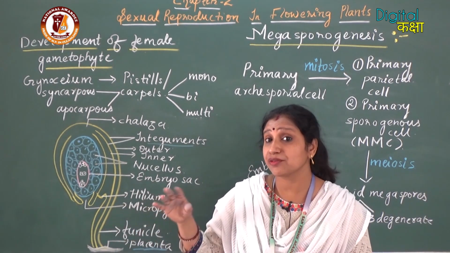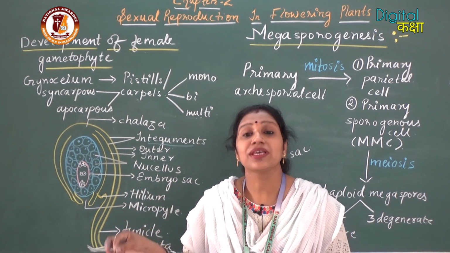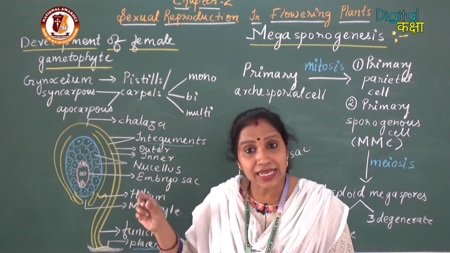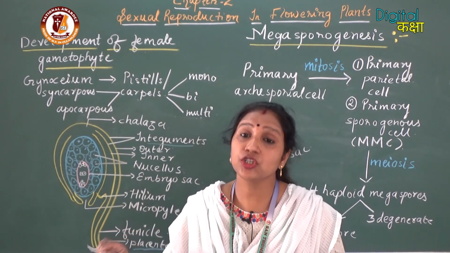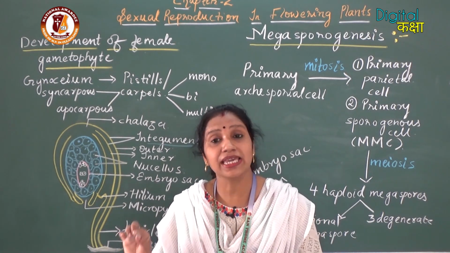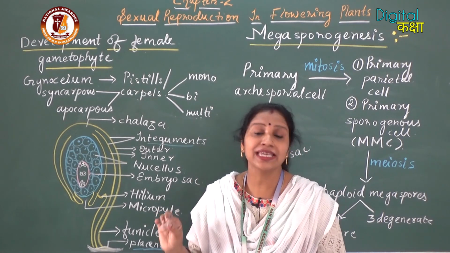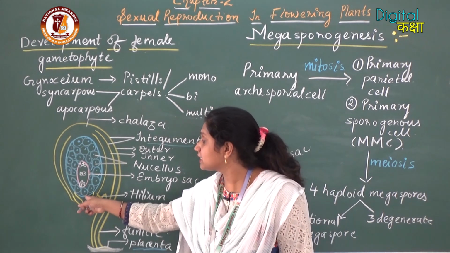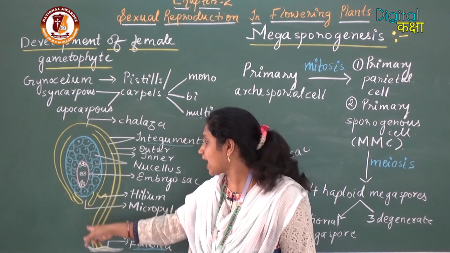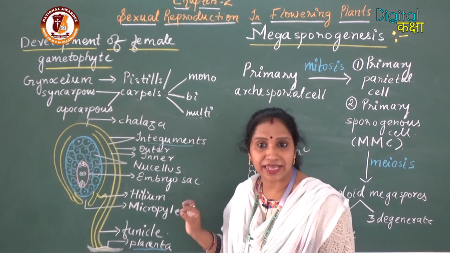We have studied that the generative cell will form the male gametes, and the male gametes will be moved down by the pollen tube which is being formed by the vegetative cell. So, the pollen tube carrying the male gametes will enter inside the embryo sac by this region, that is the micropyle.